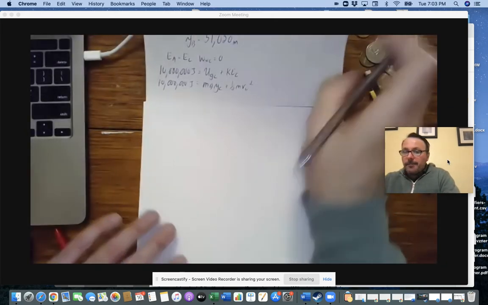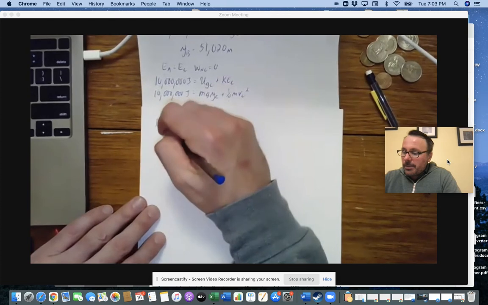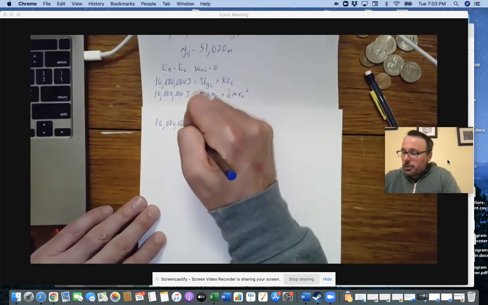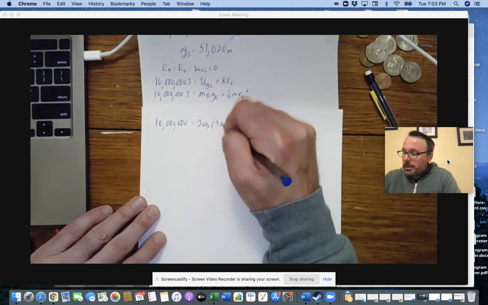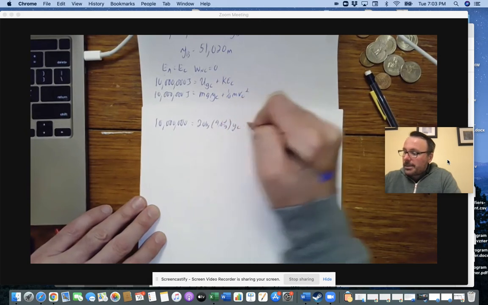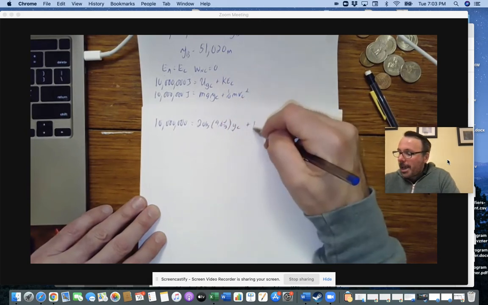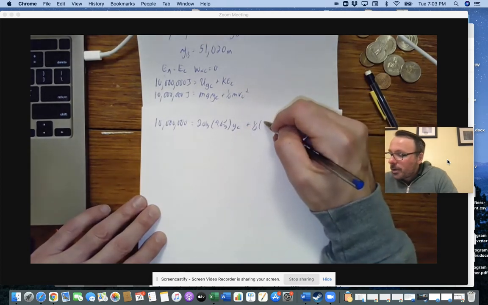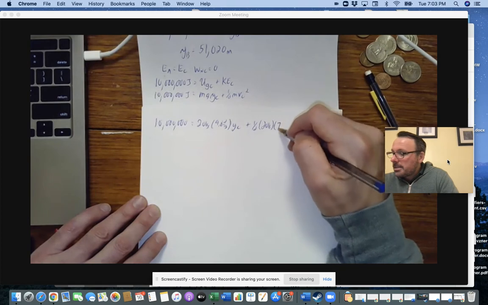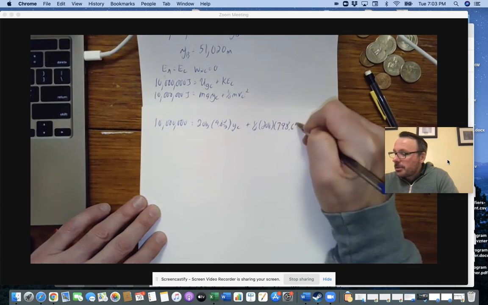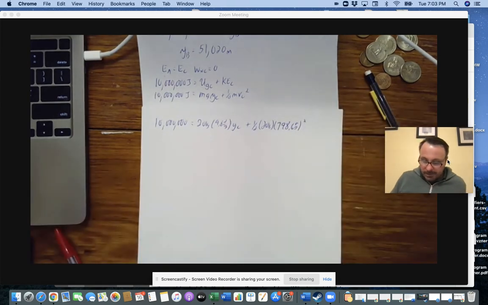And then we can finish this off. So 10 million joules is equal to 20 kilograms times 9.8 newtons per kilogram times y at C, which is what I'm looking for, plus 1/2 times 20 kilograms times VC, which we know to be 798.6 meters per second, whatever that component is at that place.